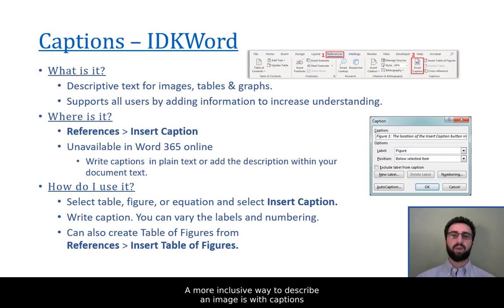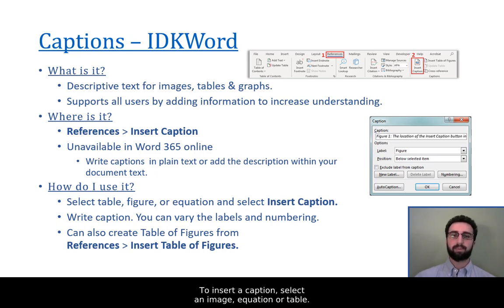A more inclusive way to describe an image is with captions, or descriptive summary text used in tandem with an image. Captions add accessibility support for all users. While alt text adds accessibility for screen reader users, any text-to-speech program can read a caption aloud.